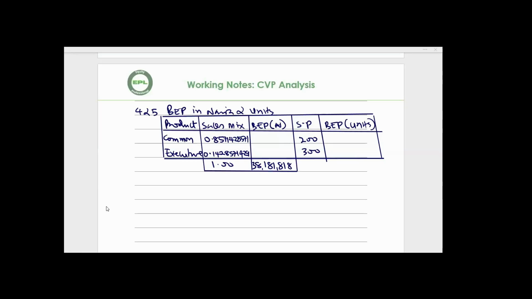Therefore, 38,181,818 multiplied by 0.857143 equals 32,727,273.